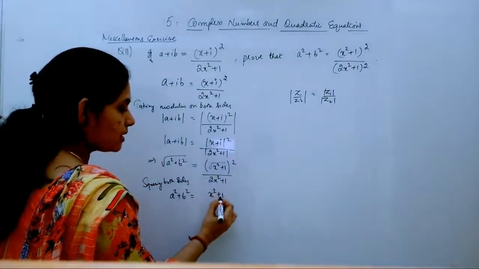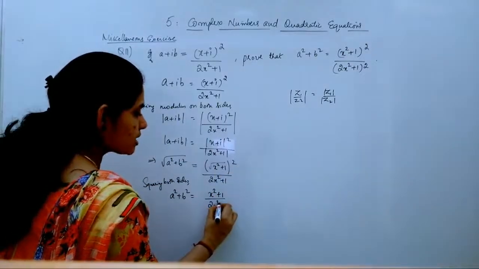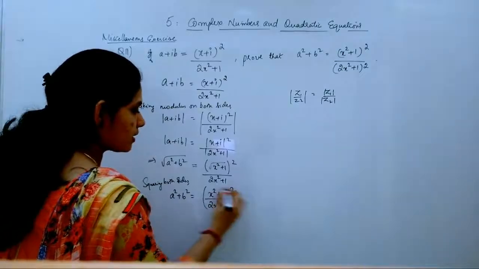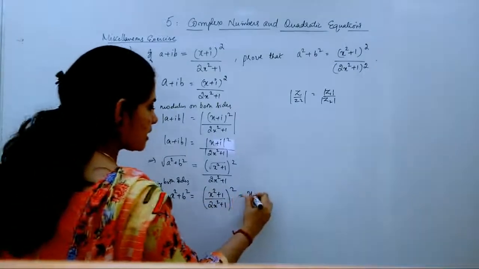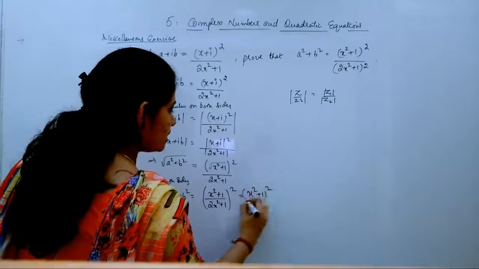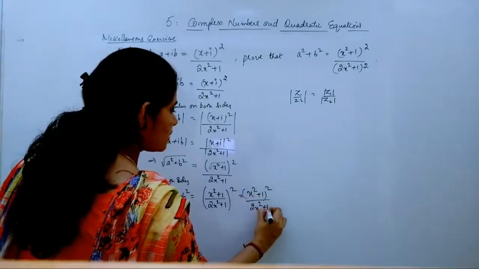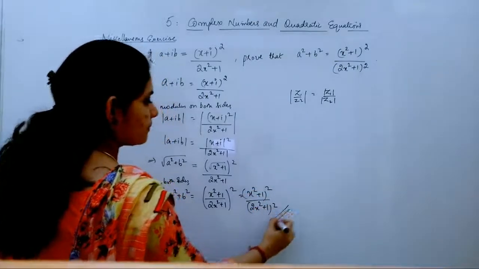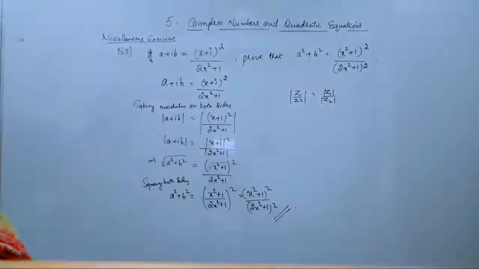So this is x square plus 1 divided by 2x square plus 1, the whole square. So it becomes (x square plus 1) the whole square divided by (2x square plus 1) the whole square, which is your RHS. Okay. So a square plus b square is equal to (x square plus 1) the whole square divided by (2x square plus 1) the whole square.